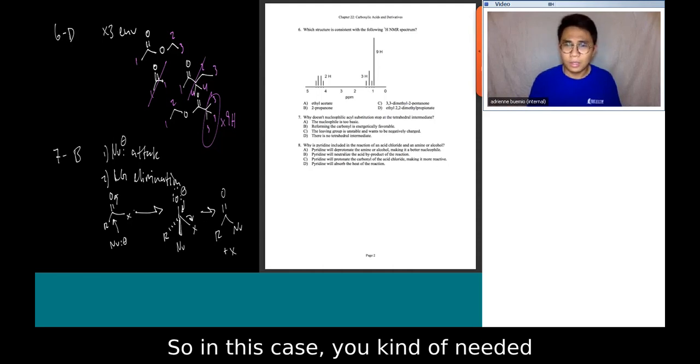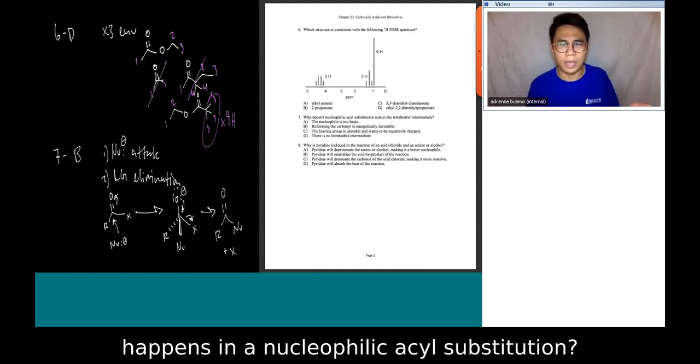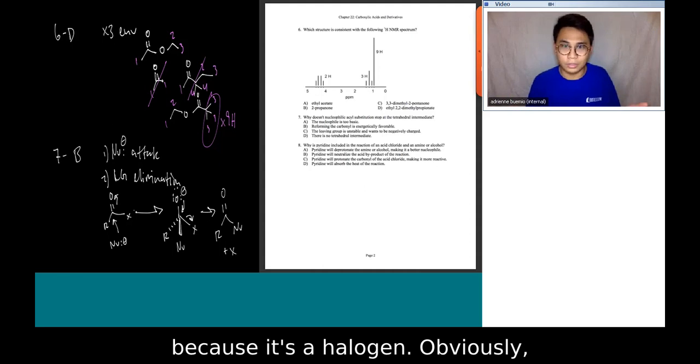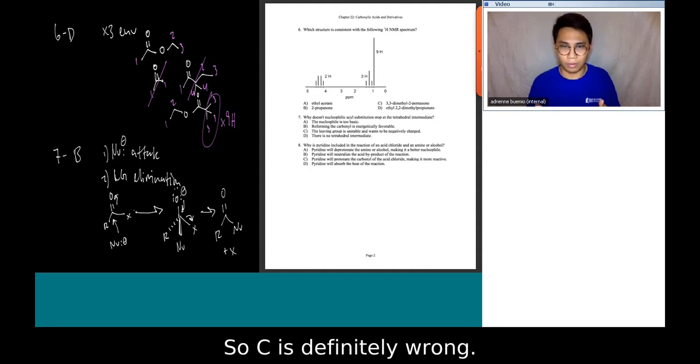In this case, you need to do a little digging. The best thing to do is ask, what happens in a nucleophilic acyl substitution? For sure, the leaving group is not unstable because it's a halogen. Obviously it's going to be the best leaving group, so C is definitely wrong.